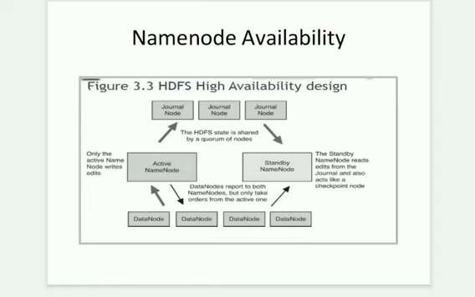So next topic is name node high availability. As I told you earlier, the name node consists of all the information about the data nodes: where the data is stored, how it is stored, in which location it is stored. So what happens if it comes down, if the name node has been compromised?